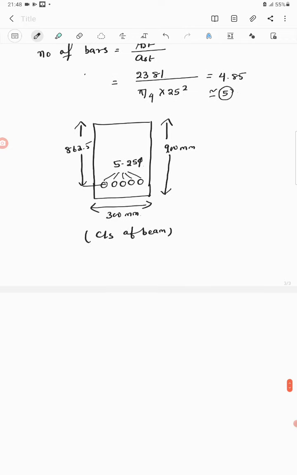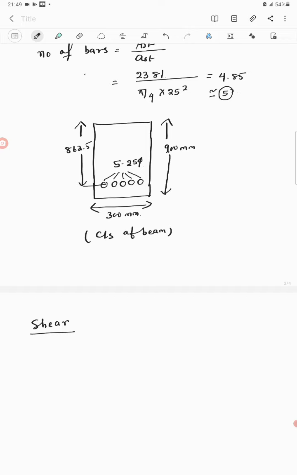So now come to design for shear. So to design this beam to resist shear, first we have to calculate the nominal shear stress, then we'll find the shear strength or the design shear strength or the shear strength of concrete.